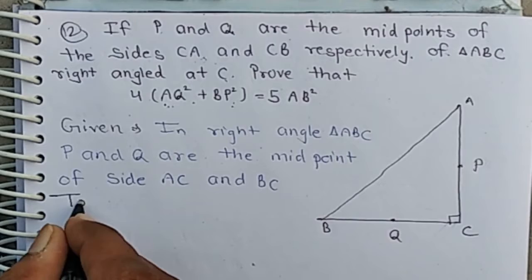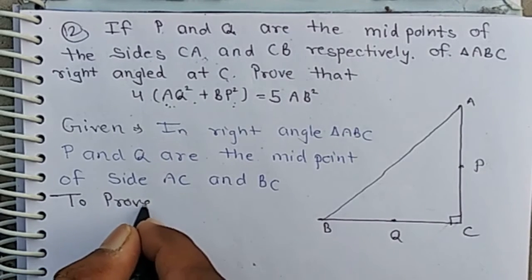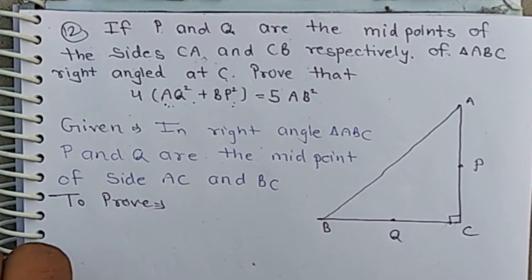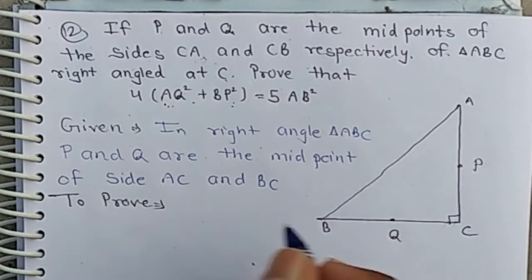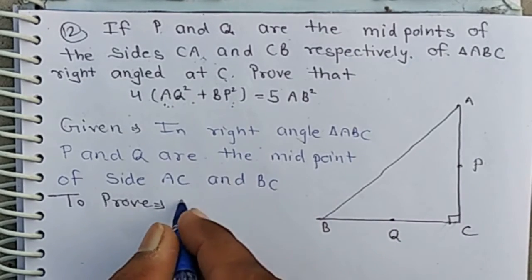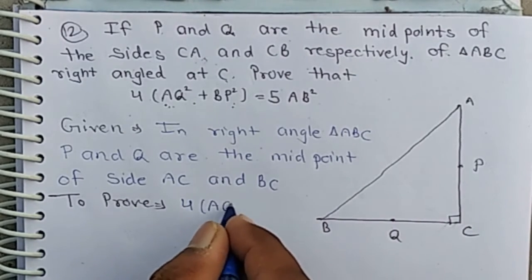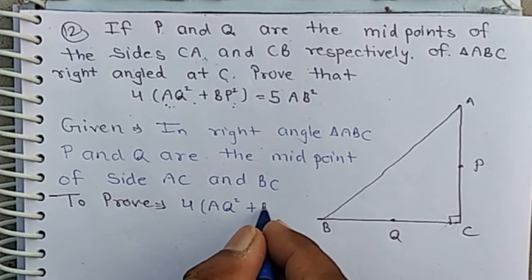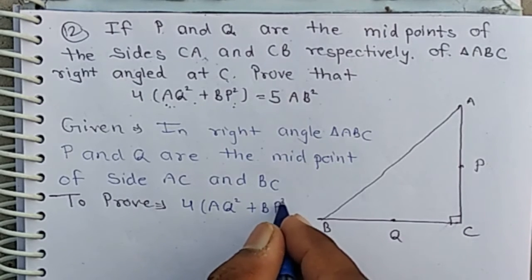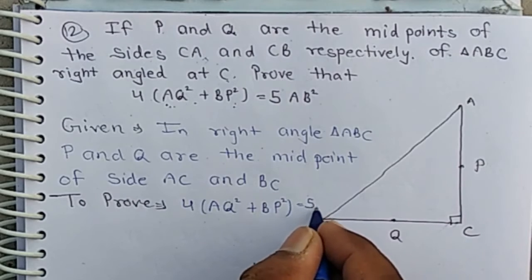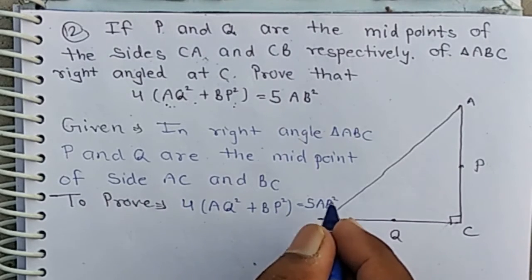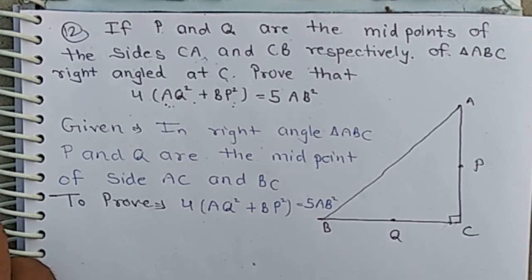To prove: 4AQ square plus BP square equals 5AB square. We have to prove this term.